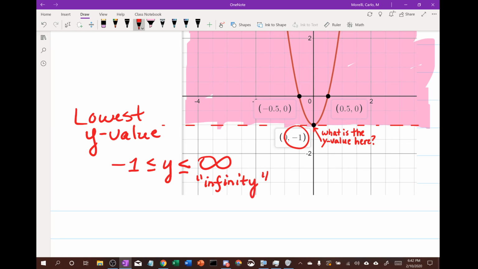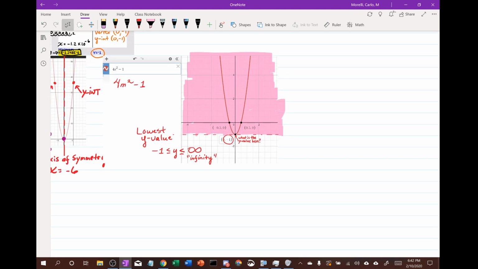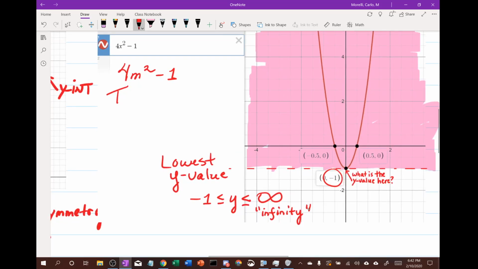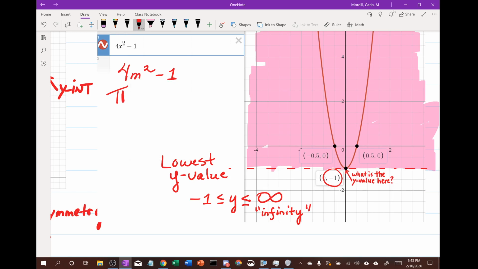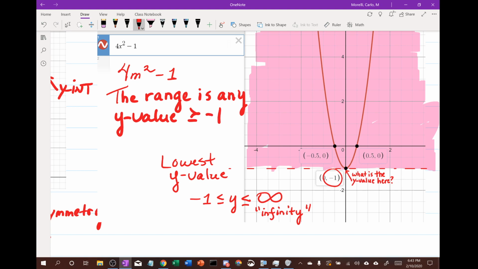Another way of saying this is, the range, you know, Mr. Russell told me students struggle with range. The range is any number, any y value greater than or equal to negative 1.